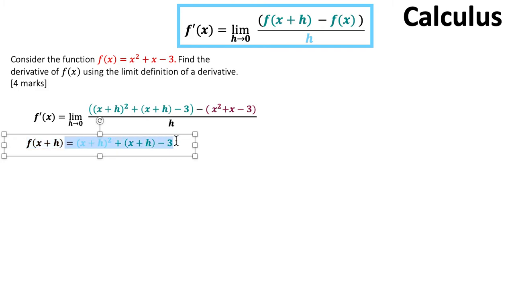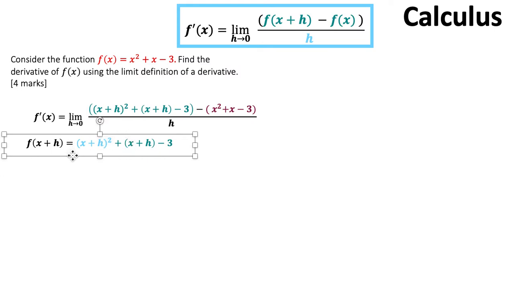So you can see it here. This is this part. First of all, do you see the light blue color here? This one we still need to expand. So this is what we're going to do.